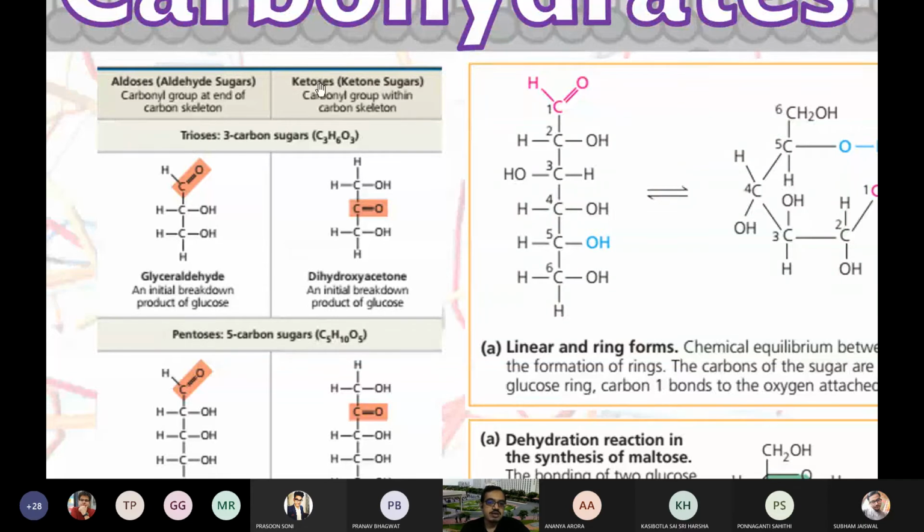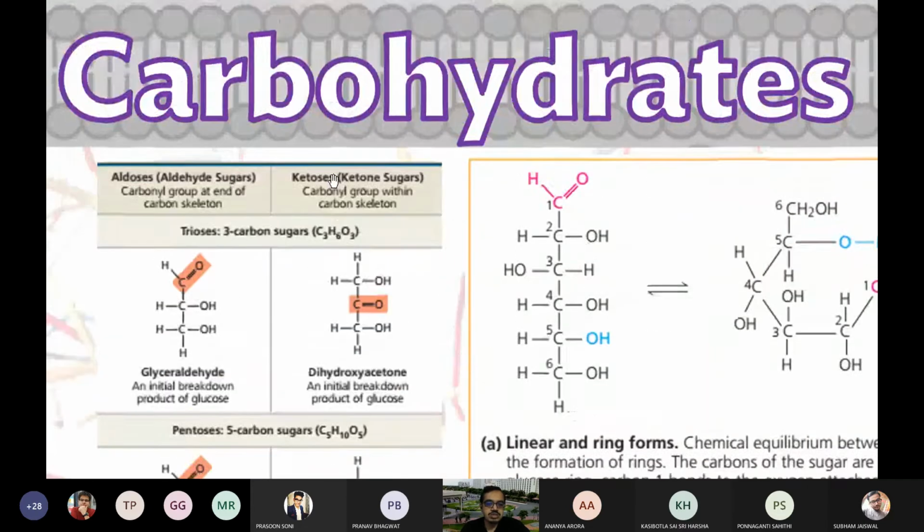What do we call fructose, a ketone type of sugar? We call them ketose, right? What is the important thing here? They do have a carbonyl group. If it is at the tip, it becomes an aldehyde. If it is somewhere in the middle, it is a ketone. We all know that. This is the basic difference between aldehyde and ketone.